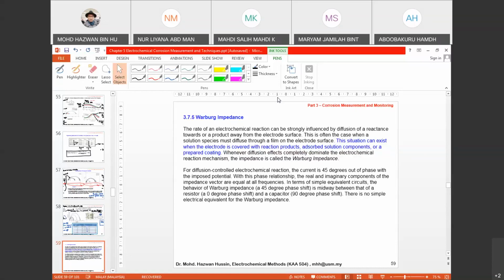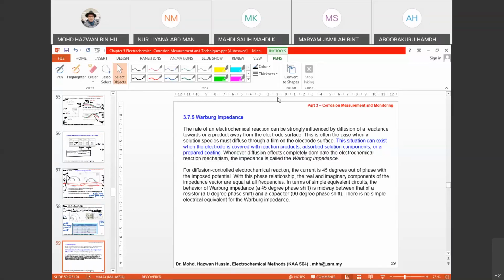And I think we are proud to say that in Malaysia, in USM, School of Chemical Sciences, we are among the first who actually studied impedance in Malaysia. The theory of impedance was developed even earlier than that.